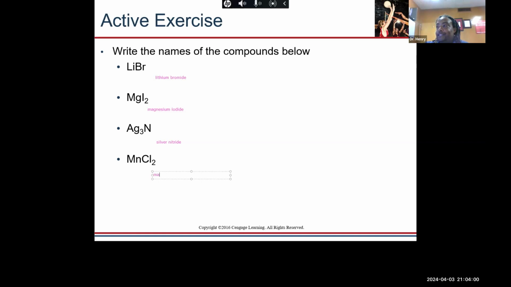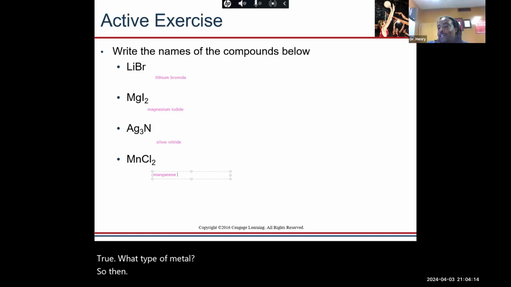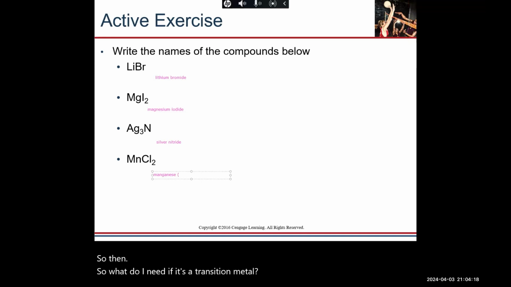Okay, what do we know about manganese? It's a metal. Drew, what type of metal? Transition. So what do I need if it's a transition metal? The Roman numeral. Okay, I need the Roman numeral.